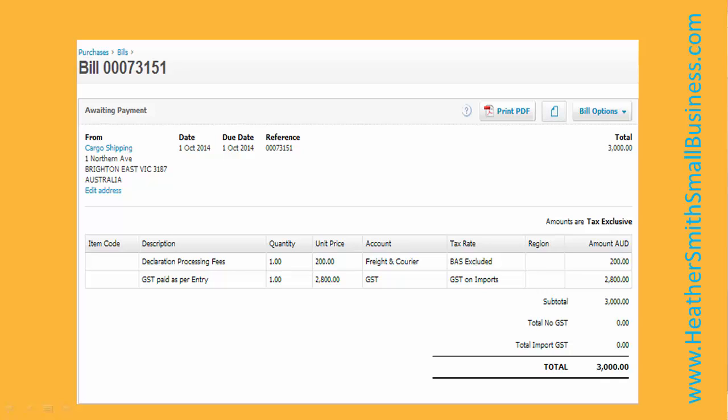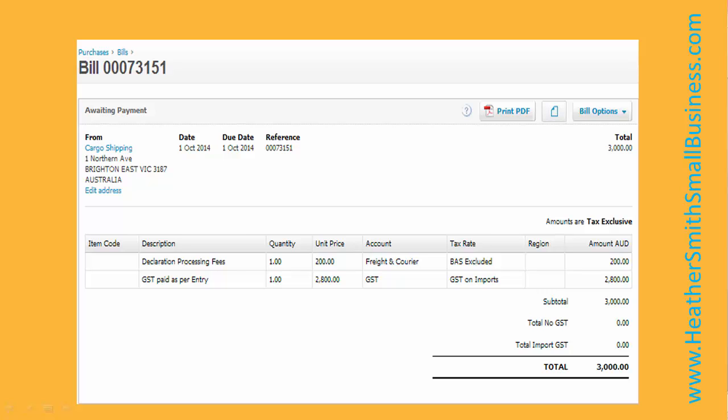The unit price is $2,800, and I allocate it directly to the GST account, and I allocate the tax rate there as GST on imports, because these goods have come into the country. Notice that it lists it there as $3,000, and again doesn't really highlight the GST there.